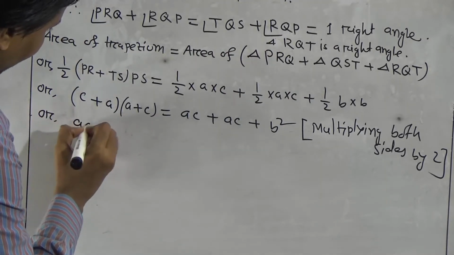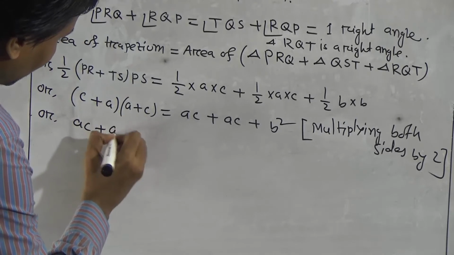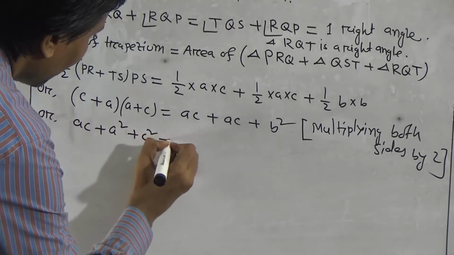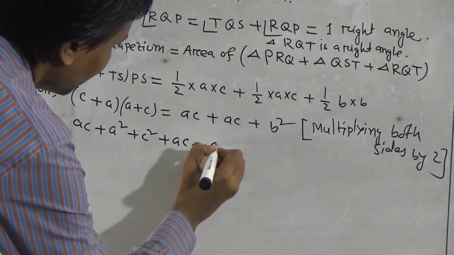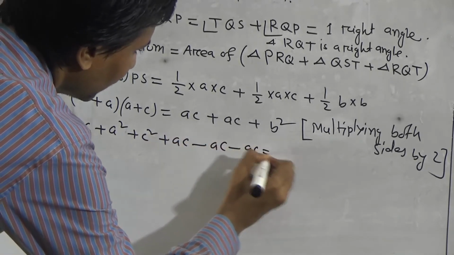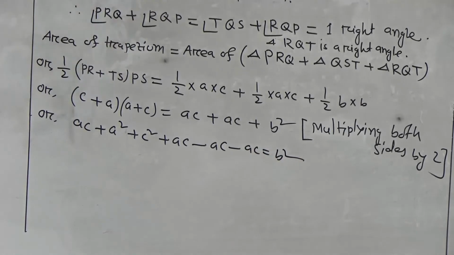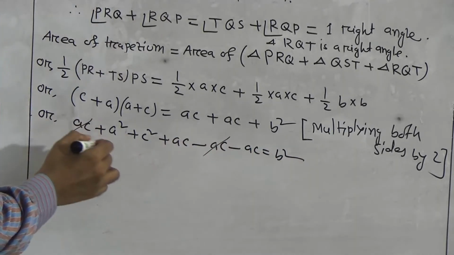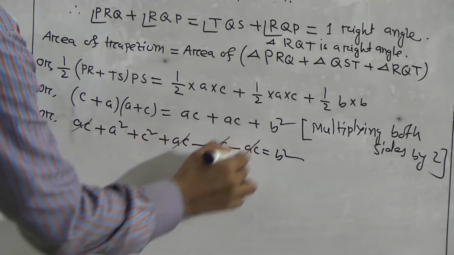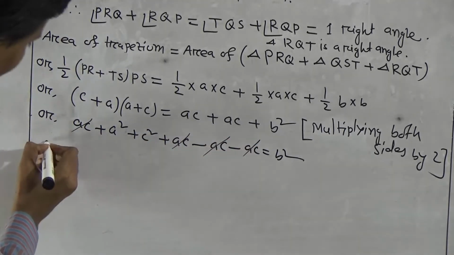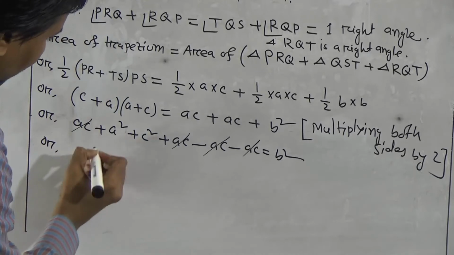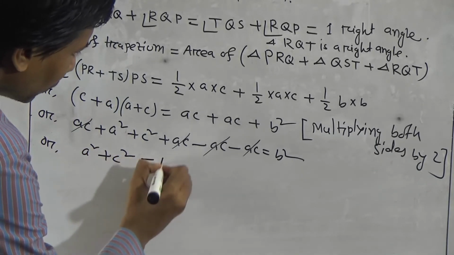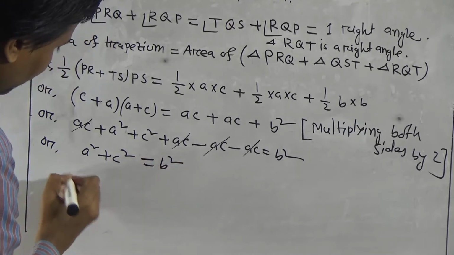Multiply: AC plus A square plus C square plus AC equal to B square. This AC vanishes, this AC vanishes, then A square plus C square equal to B square.